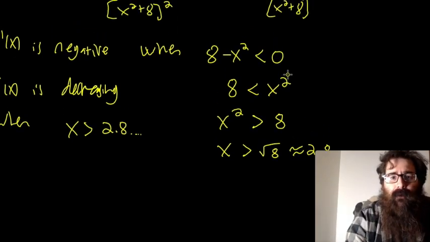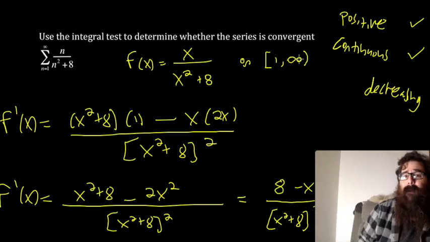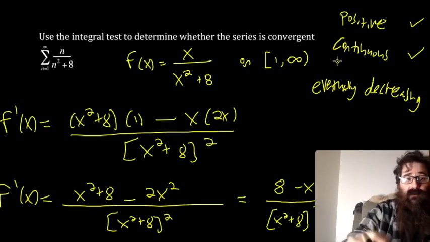So what we can say about this is that the function is not always decreasing, but it is what we would call eventually monotonic decreasing. It's eventually decreasing. And that's actually enough for what we're trying to do.